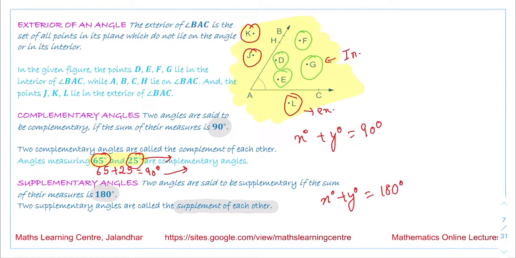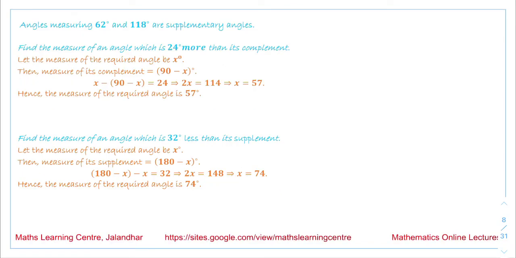As an example, 62 degrees plus 118 degrees: their sum is 180 degrees, which means both these angles are supplements of each other.